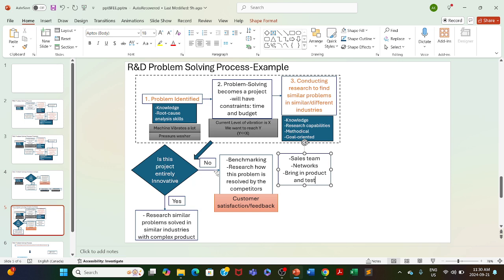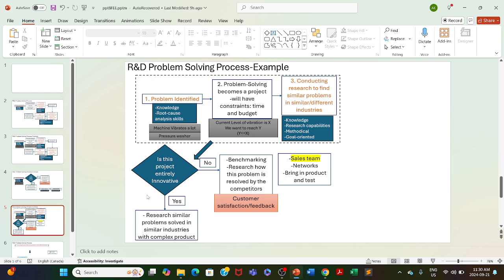If it's not an innovative project, I'll talk to the sales team and my network, so they can provide good insight on how we could make things differently. This can be really straightforward and doesn't require that much research and innovation.